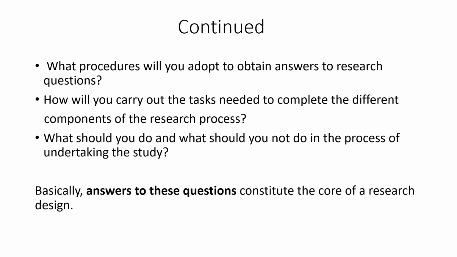What should you do and what should you not do in the process of undertaking the study? These are the limitations or delimitations of your research. This area will be included in my research, or that particular area will not be included. For example, I'm going to conduct research related to pronunciation. In pronunciation, I will just investigate the sounds, the phonemic sounds.